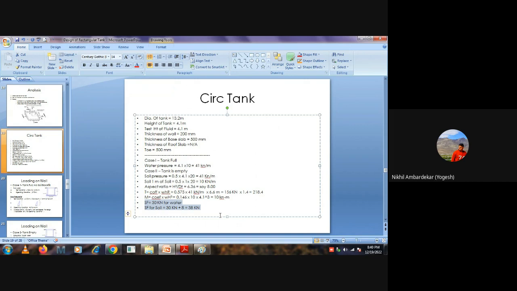Simple, done. This way you can use the PCA table for analysis of the circular tank.